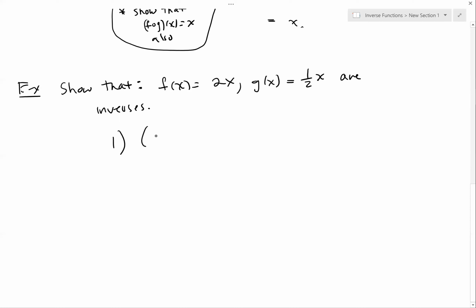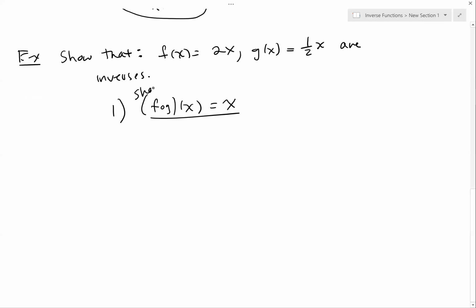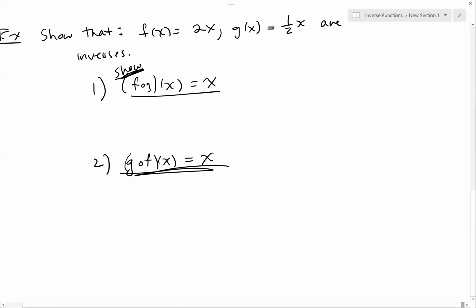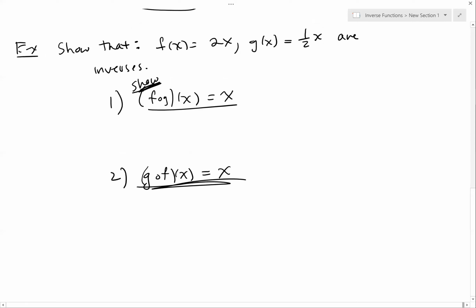You have to show that f of g of x is equal to x, and also we want to show that g of f of x is equal to x. So once we verify that both of these are true, then we're done. Okay. So let's actually show this. Let's show that f of g of x, remember the definition of that, is f parenthesis g parenthesis x. So we're plugging g into f.